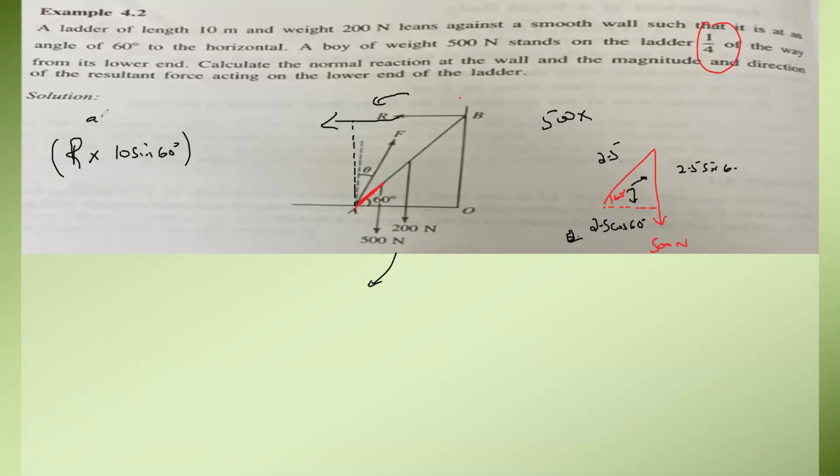When I'm finding the clockwise turning effect, we always consider the perpendicular length. So we need the force and the perpendicular distance. In this case, the force is equal to 500 and the perpendicular distance will be equal to 2.5 cosine 60. Is it clear? Anyone having a doubt or a question till this point?